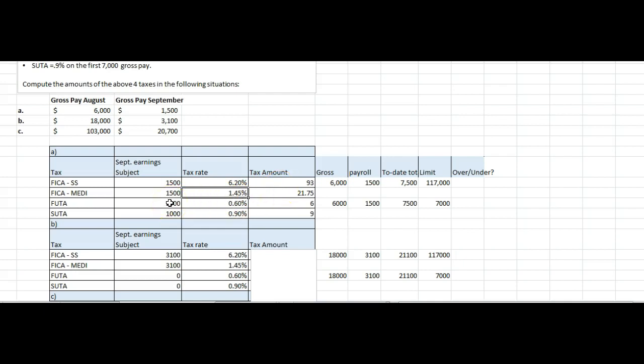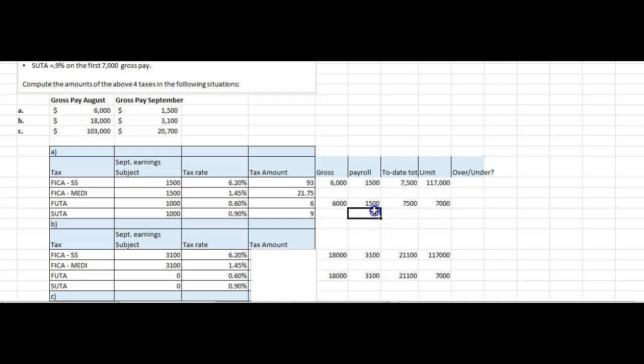FUTA and SUTA. Okay, what do we got? My limit is $7,000. I have $6,000. So I'm adding $1,500. That takes me to a total of $7,500. I'm $500 over the limit.